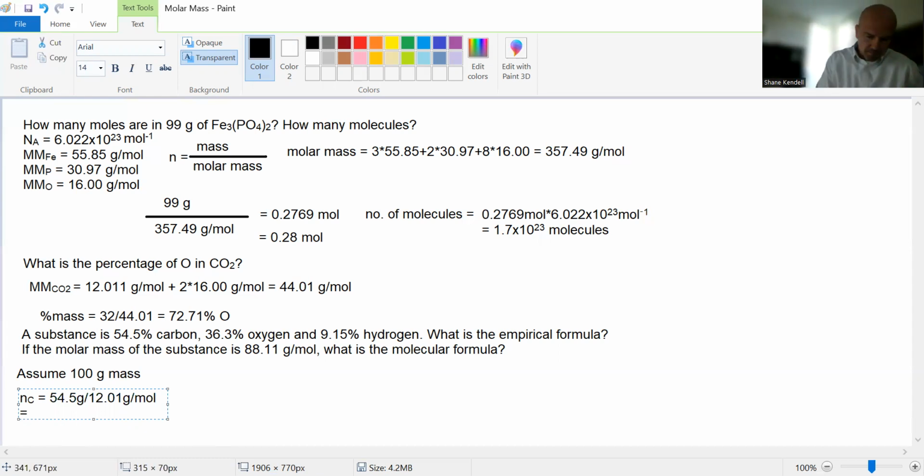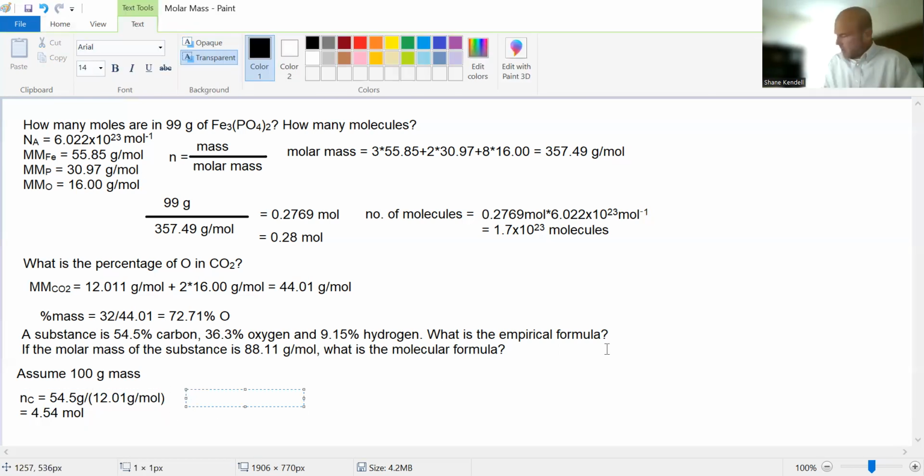And that gives us 4.54 mole. Again, these units, because we had the grams over the mole, it's really division overall, and I should probably put these in parentheses to avoid any confusion with that. You're going to actually have mole as your unit. So that's our number of moles of carbon.